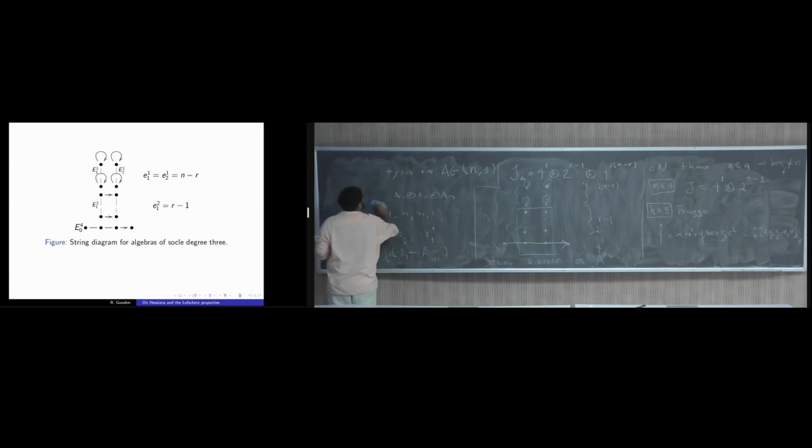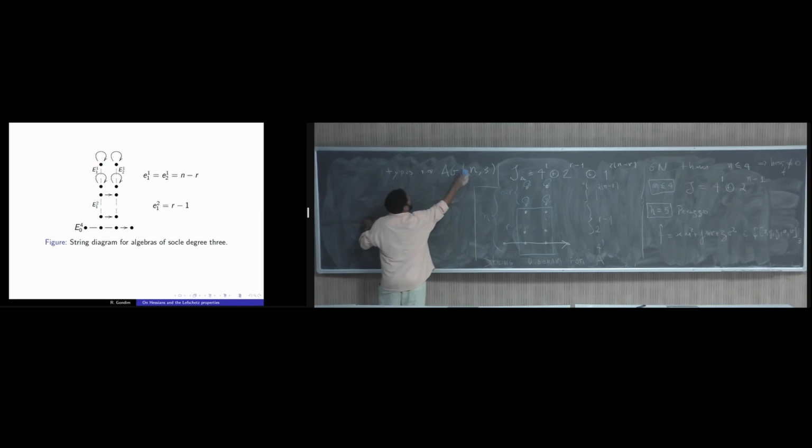What to say about the Jordan type of the Perazzo algebra?